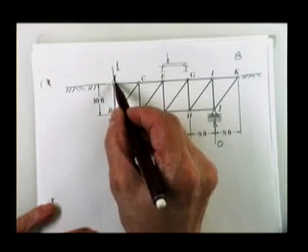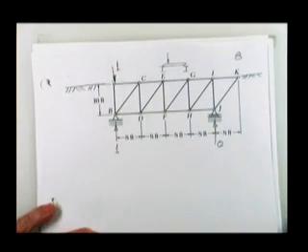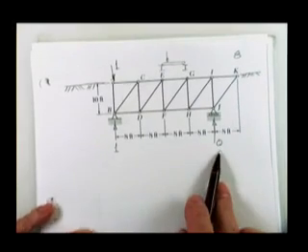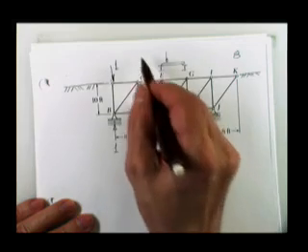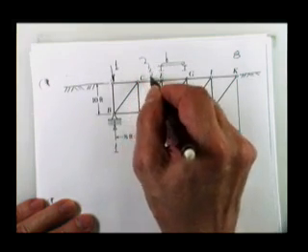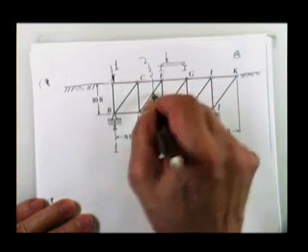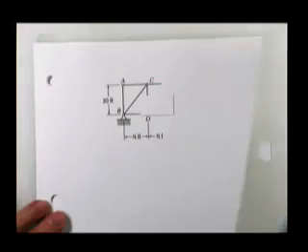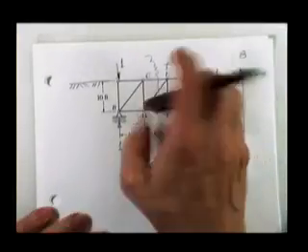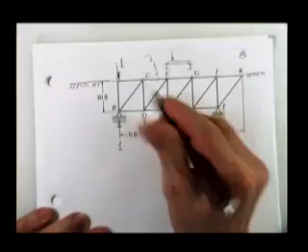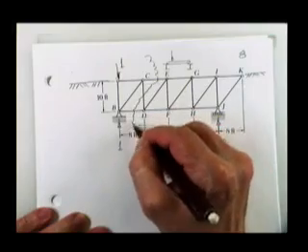So I'm going to put the unit load at A. Here is my reaction. Here's my reaction. To get the answer for the force in member CE, if you don't mind, I will choose this as my free body.